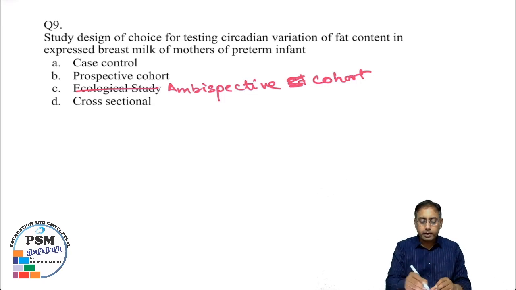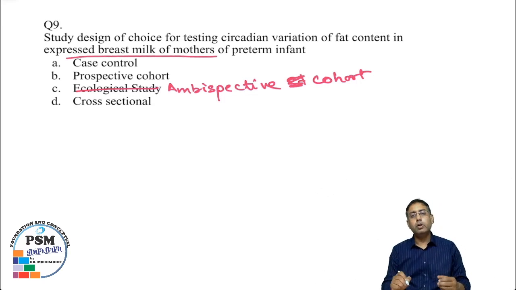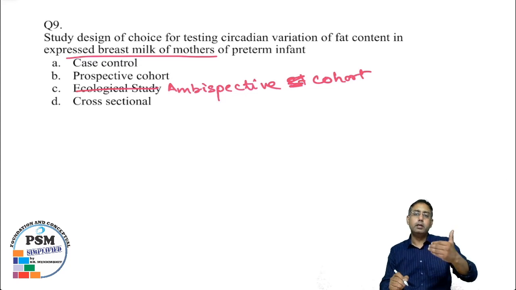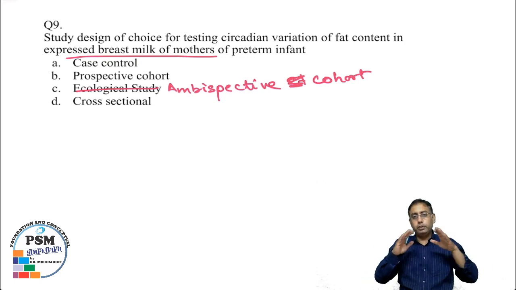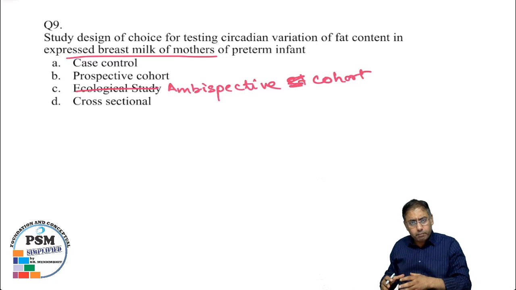Circadian variation of fat content in the expressed breast milk of mothers of preterm infants with their age. So within first month, what was their fat content morning, evening? Second month, what was their fat content morning, evening? You do not take a cross section. You do not take a snapshot of the population. You are taking a group of mothers who had similar characteristic, that is preterm infancy.